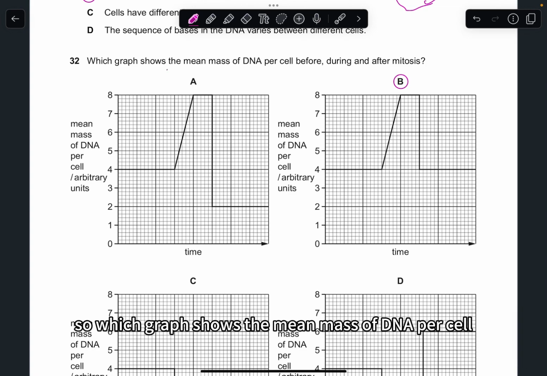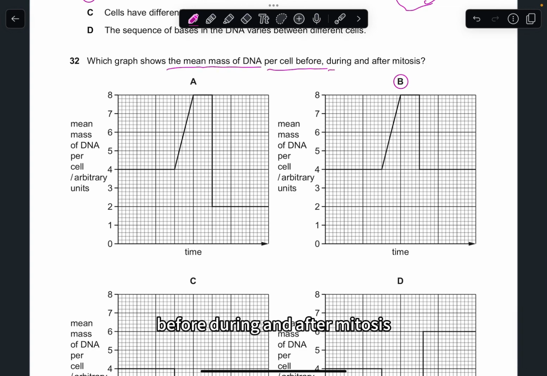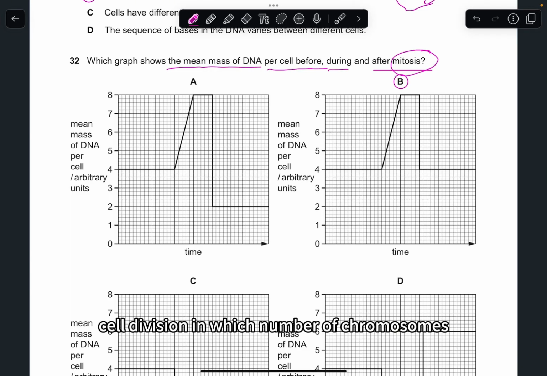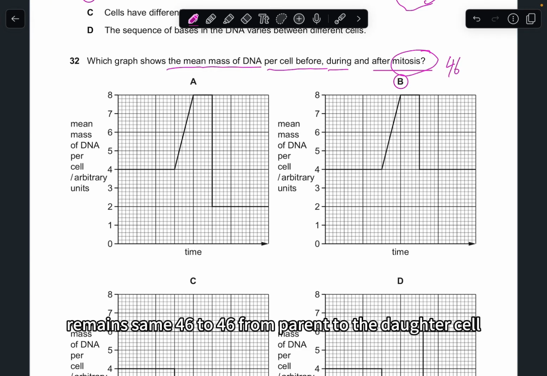Which graph shows the mean mass of DNA per cell before, during and after mitosis? So mitosis is cell division in which the number of chromosomes remains the same, 46 to 46, from parent to daughter cell.